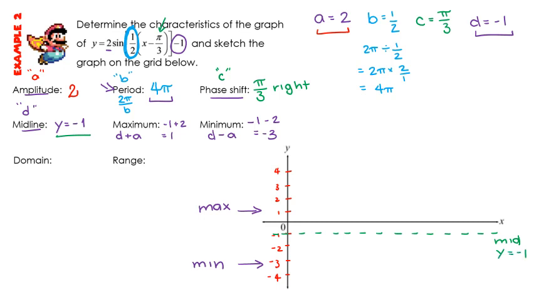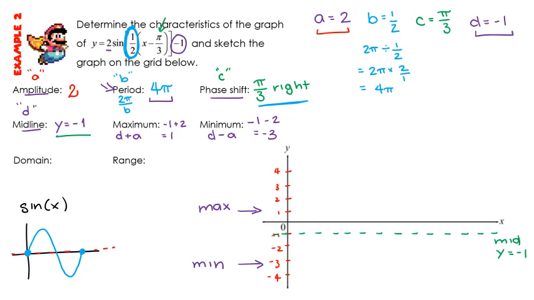Now, to draw our sine curve, normally sine of x looks like this, where if our midline is the x-axis, our sine curve starts on the y-axis on our midline, and then we go up to our maximum and then down to our minimum and then right back up to our midline.